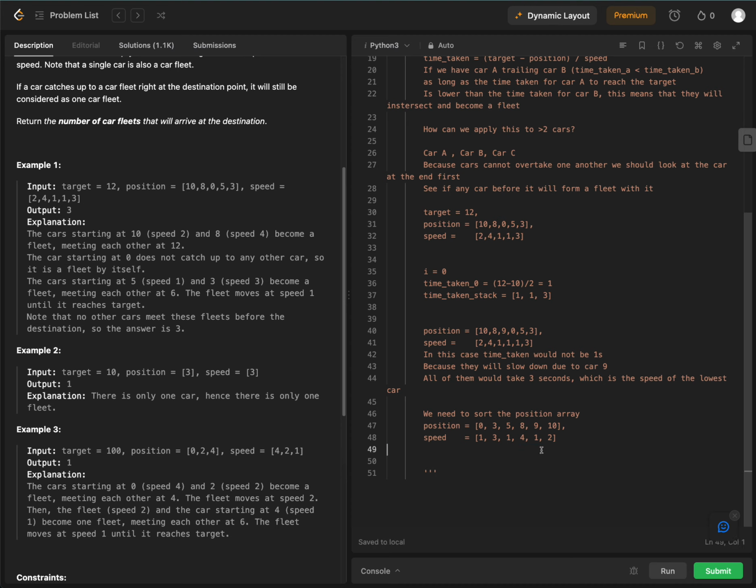So here we are sorting the position array to have a better understanding of how the cars would overlap and intersect.